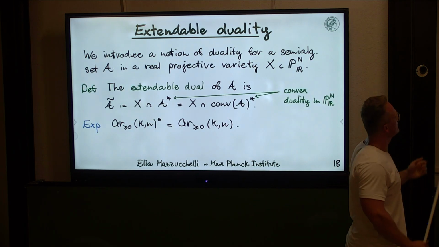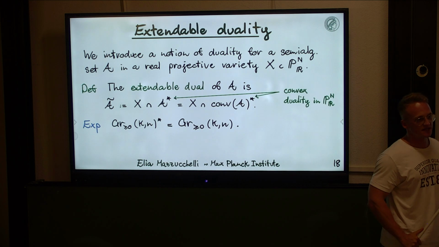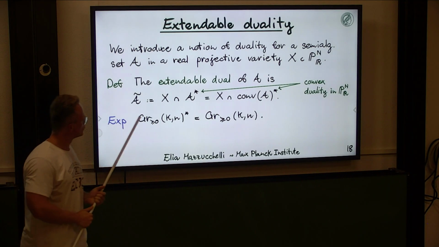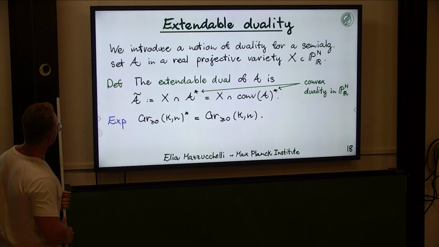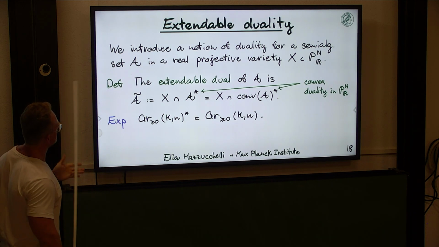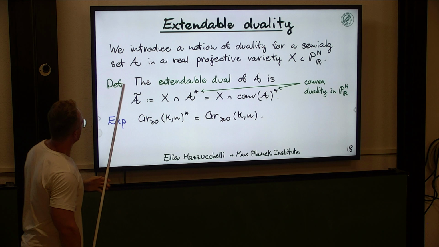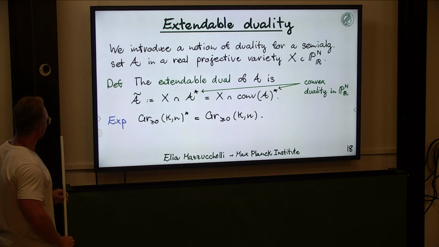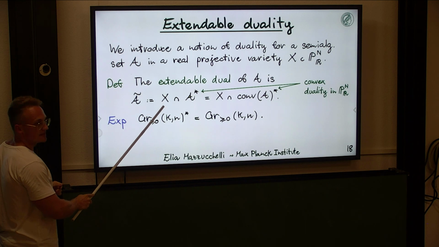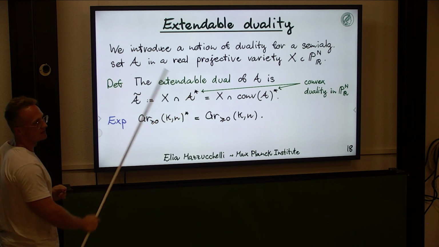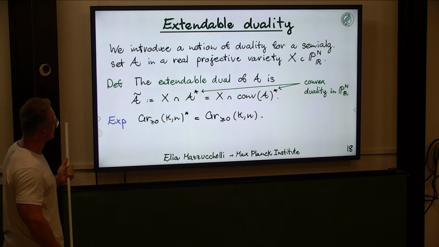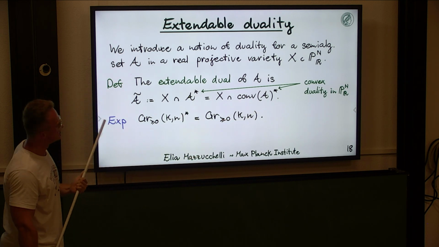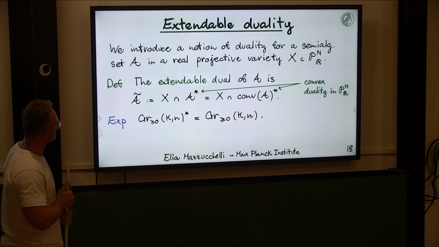Right, so I want to define a notion of duality now for semi-algebraic sets in the variety, very much in the spirit of the notion of convexity. So we take again the semi-algebraic set in a variety X, and we define the extendable dual of the semi-algebraic set to be the intersection of the variety with the convex dual of the semi-algebraic set itself, which is the same as the dual of its convex hull in the ambient projective space.